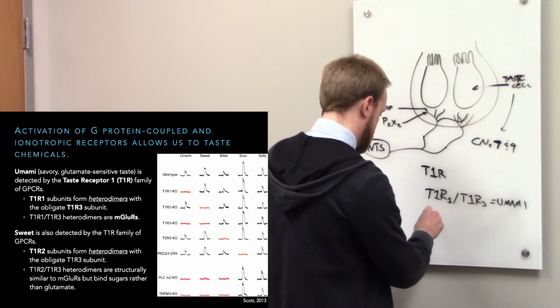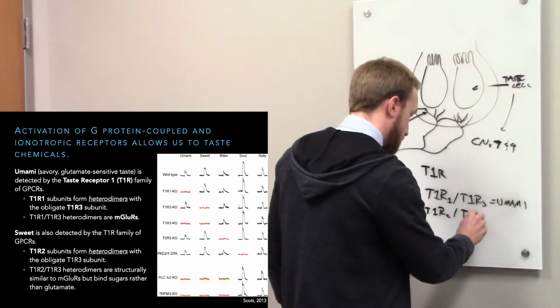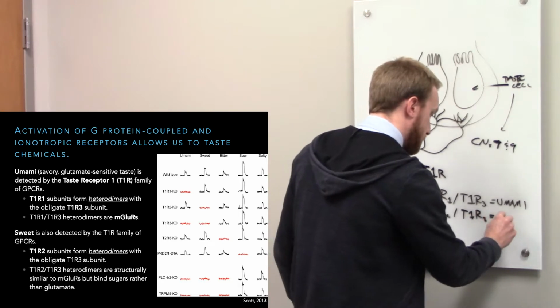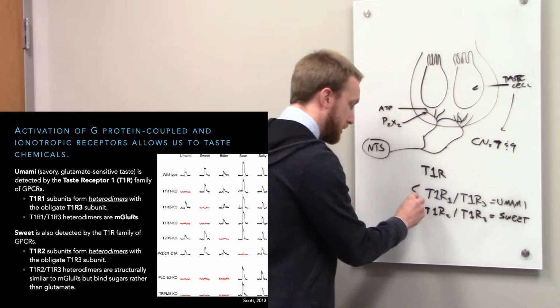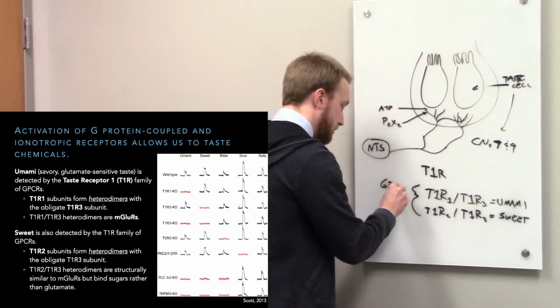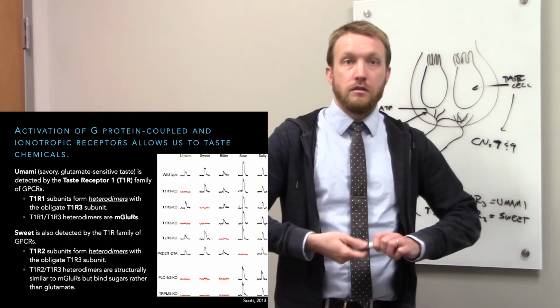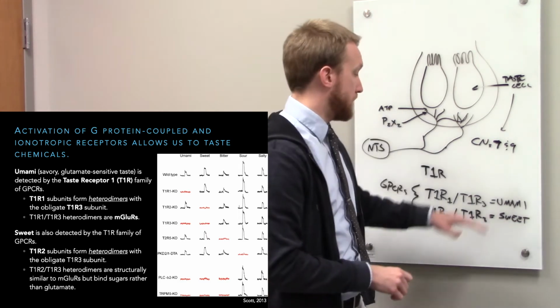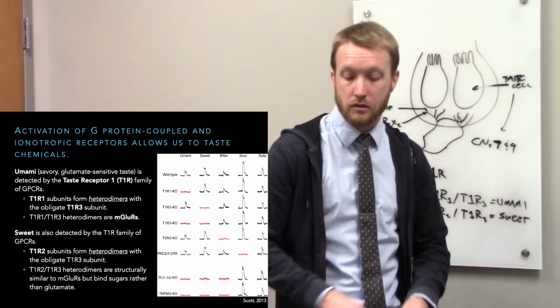We're going to have a different combination here to detect sweet. But same idea here, G protein coupled receptors. So, these are going to be either metabotropic glutamate receptors or metabotropic sugar receptors.